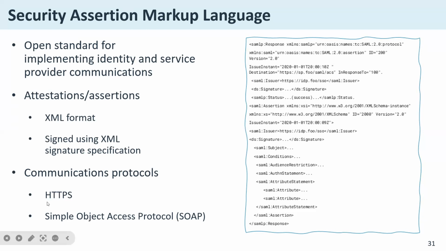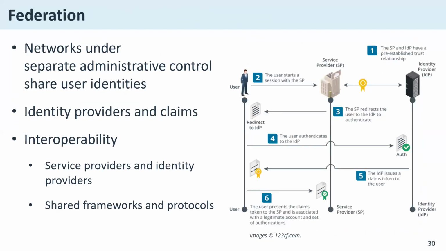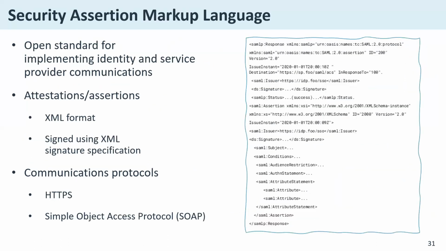And the communication protocols are HTTPS and also SOAP, Simple Object Access Protocol. So if we want to have federated systems where one user identity can be able to access different systems, then we can use SOAP through SAML to be able to implement that.